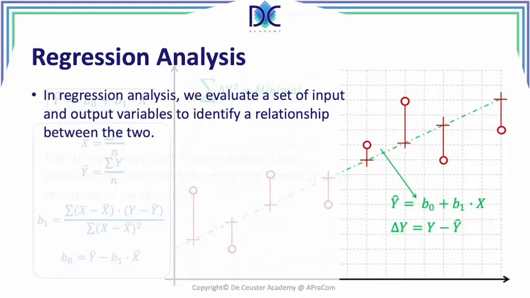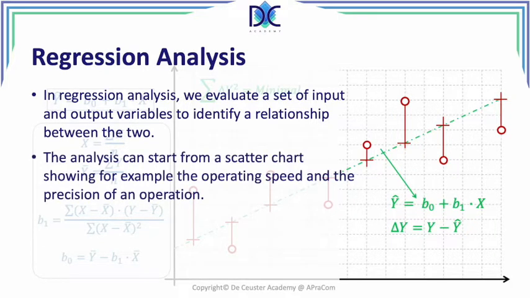These are very popular methods that you can use. And you can use this, or you can start, for example, from a scatter chart. And a nice example is the combination between operating speed and the precision of an operation, or the error rate. We know that when we work faster, we will have less precision, but we also will have a higher number of issues that we have to resolve later.